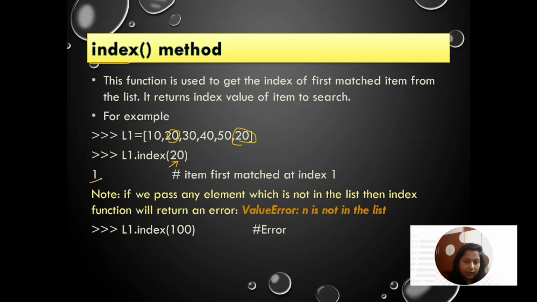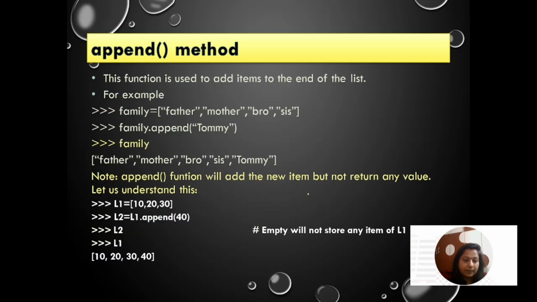Here it is 1, because 0 and 1; this 20 comes first. So the index of the first occurrence is returned. But if you pass the value 100, which is not in the list, it will give you a value error. Clear? Index method.